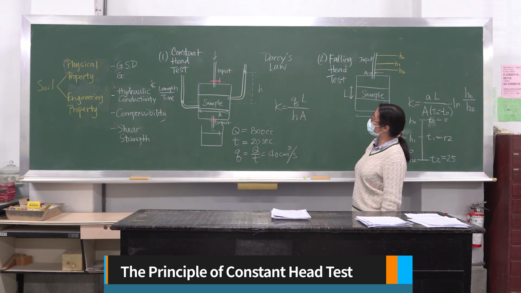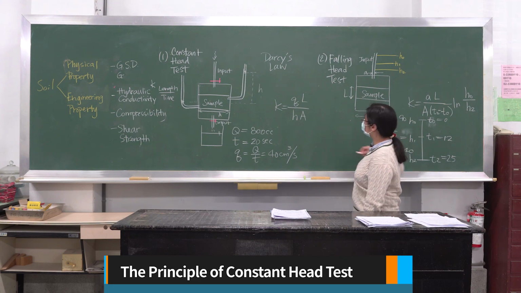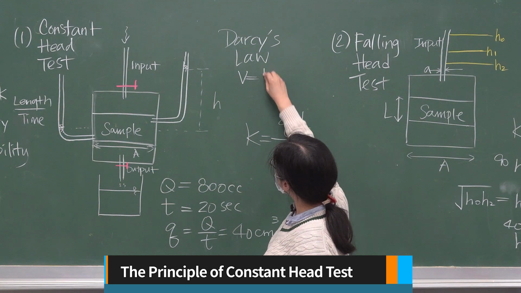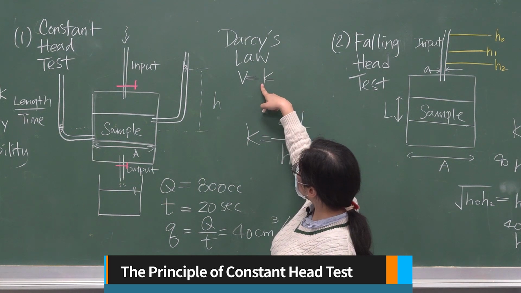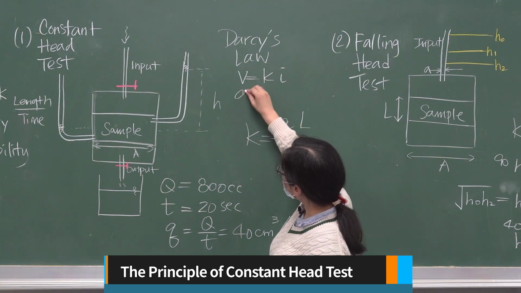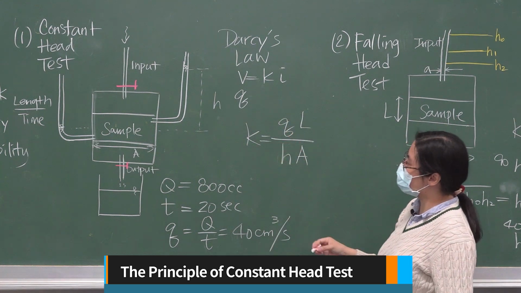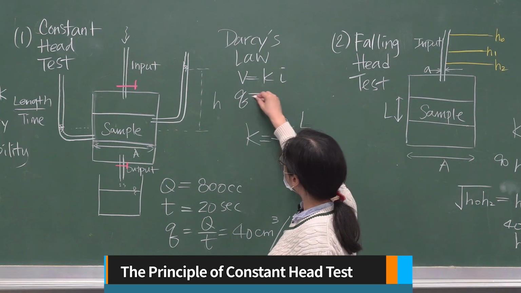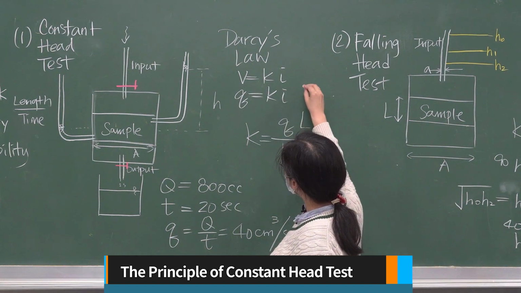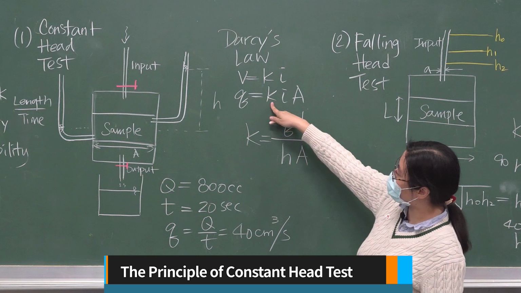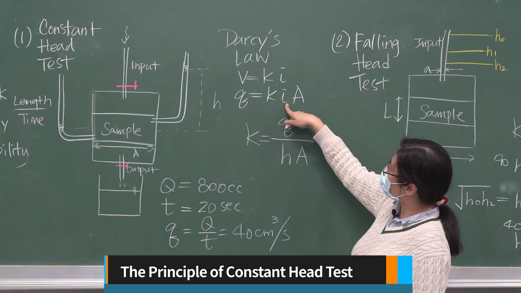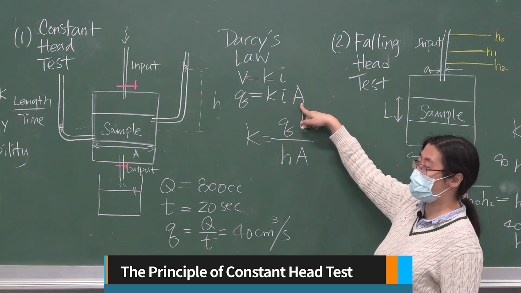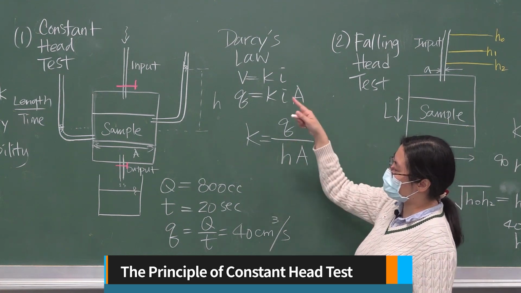If you use Darcy's law, basically the velocity is equal to hydraulic conductivity K times i, and if you consider the flow rate, which is denoted as Q, it would be equal to K times i times A. K is the hydraulic conductivity, i is the hydraulic gradient, and A is the cross-sectional area through which the water flows.